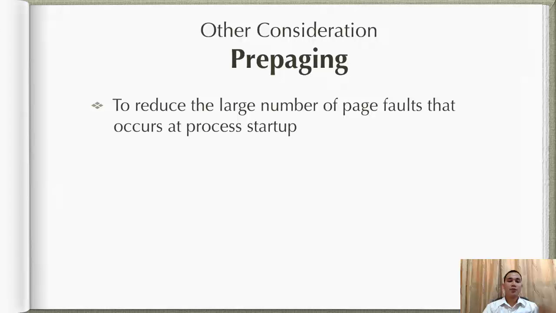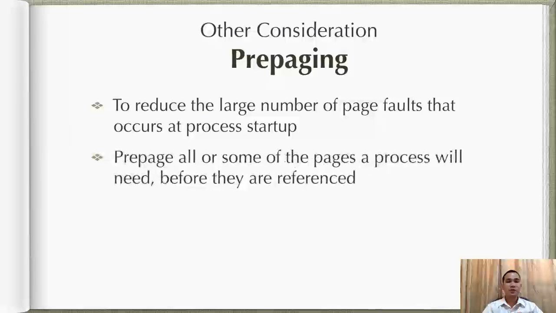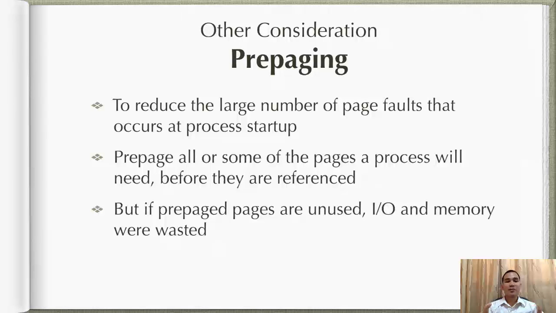It is an attempt to prevent this high level of initial paging. So we prepare all or some of the pages a process will need before they are referenced. But if pre-paged pages are unused, I/O and memory were wasted.